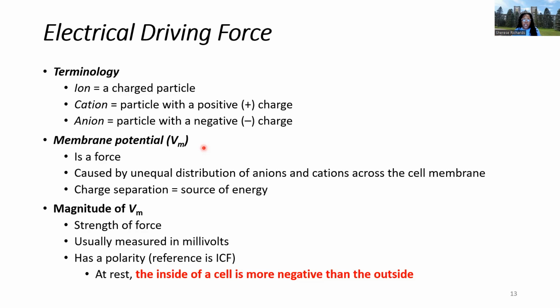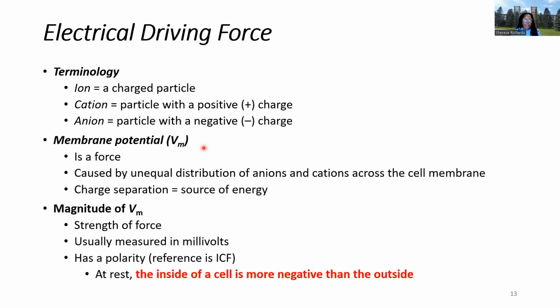And when we refer to that value, we're usually referencing what's happening on the inside of the cell. So if I tell you that the membrane potential is negative 70 millivolts, what that means is that, referencing the intracellular fluid, the inside of the cell is negative 70 with respect to the outside of the cell.